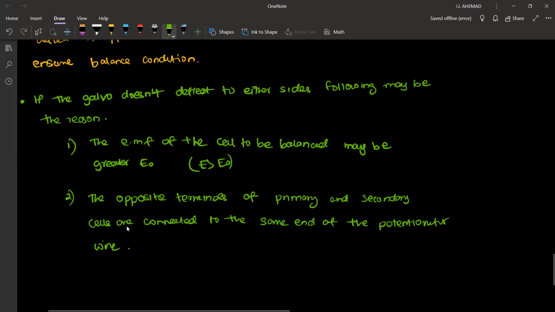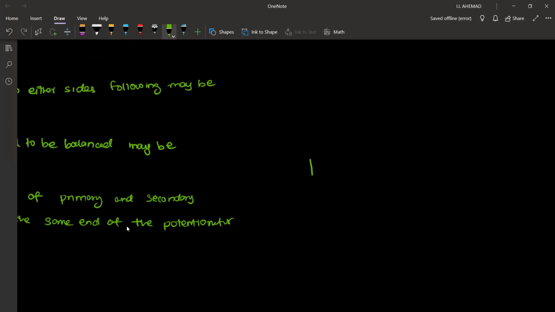So just think of a situation like this. When you have a battery connected in this way, the current that is entering this node will surely go through this, right?